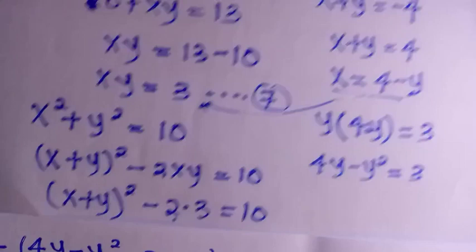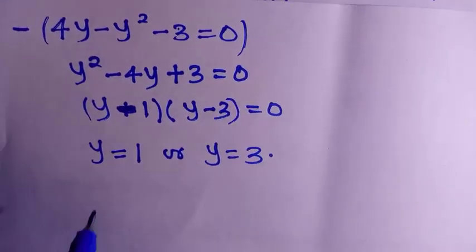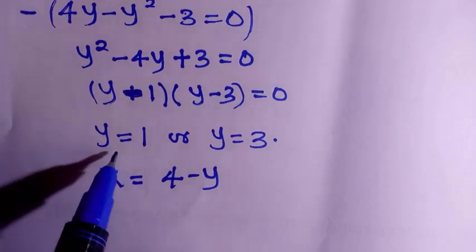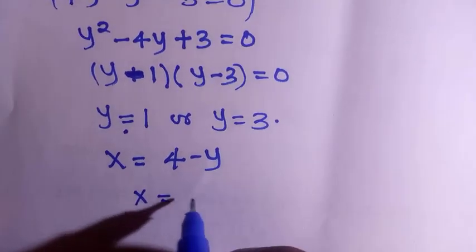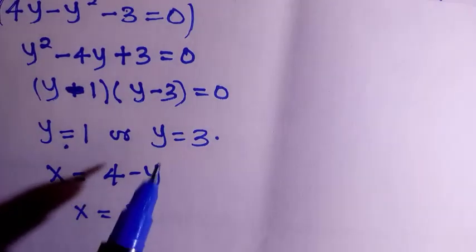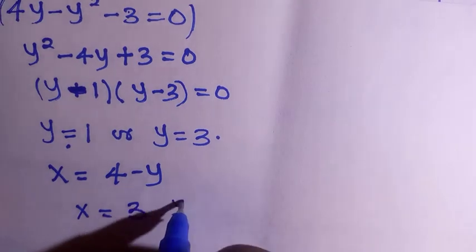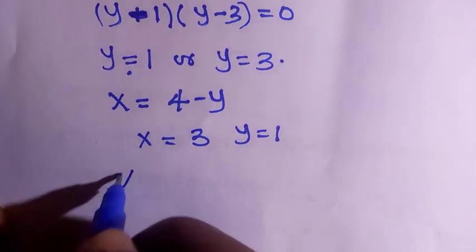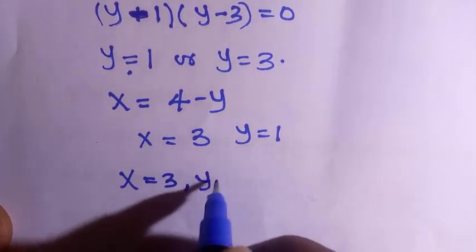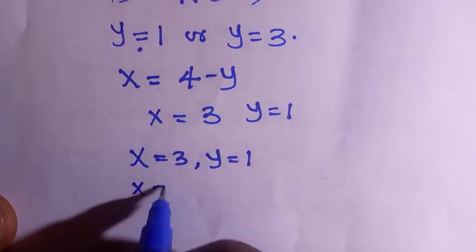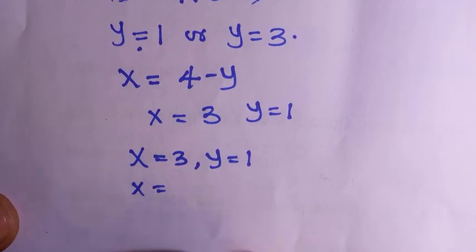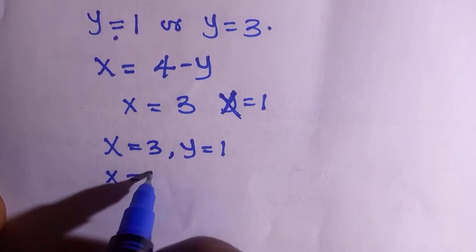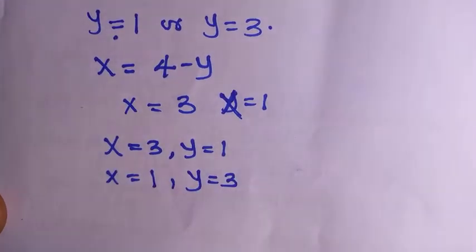Since x equals 4 minus y, at y equals 1 we have x equals 3, and if y equals 3, definitely x is going to be equal to 1. So x equals 3, y equals 1, and x equals 1, y equals 3.